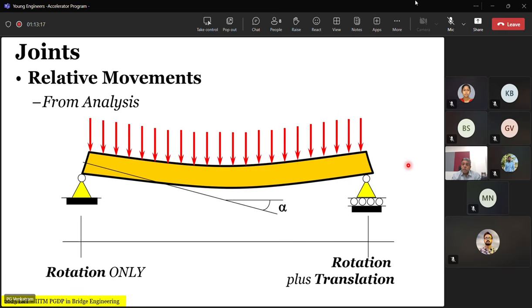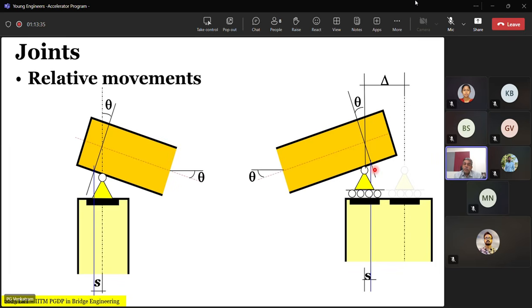So to determine the magnitude of movement, as we saw last time, we can get the magnitude of movement, both rotation as well as displacement, from analysis. And when we have the translation points, we need to decide what kind of arrangement we need to make at these locations.